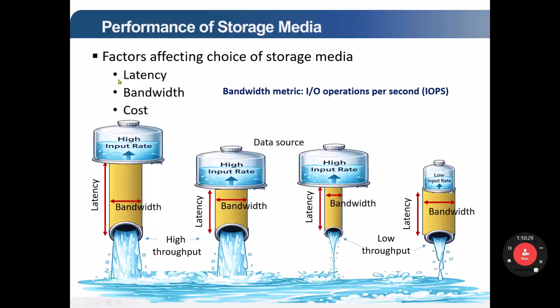We have a performance metric called latency, and another performance metric called bandwidth. What is bandwidth and what is latency? Latency means how long it takes for data from the source to arrive at the destination. This lower side will be the CPU, and this upper side will be the storage device. Some devices have a higher latency.